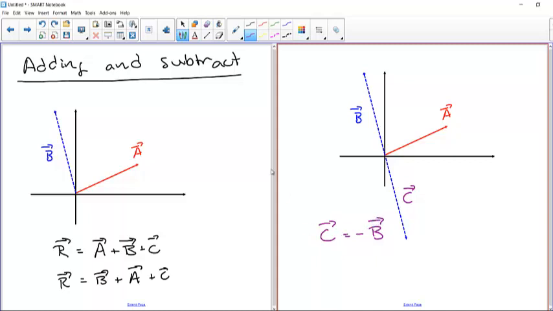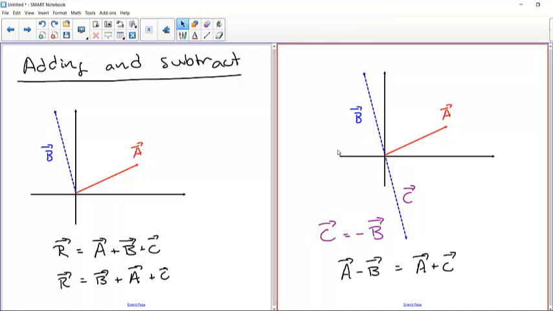So if I wanted to do the operation A minus B, that would be equivalent to vector A plus vector C, because C is negative B. So all you do for vector subtraction is take the vector you're subtracting, switch the tip and the tail, and then draw the resultant vector.